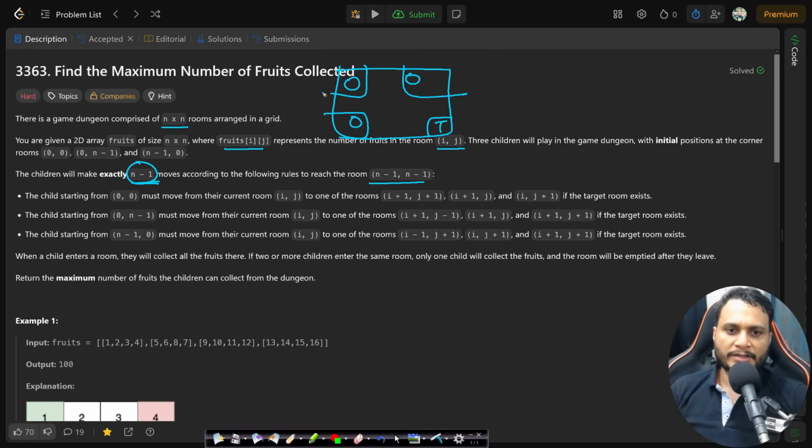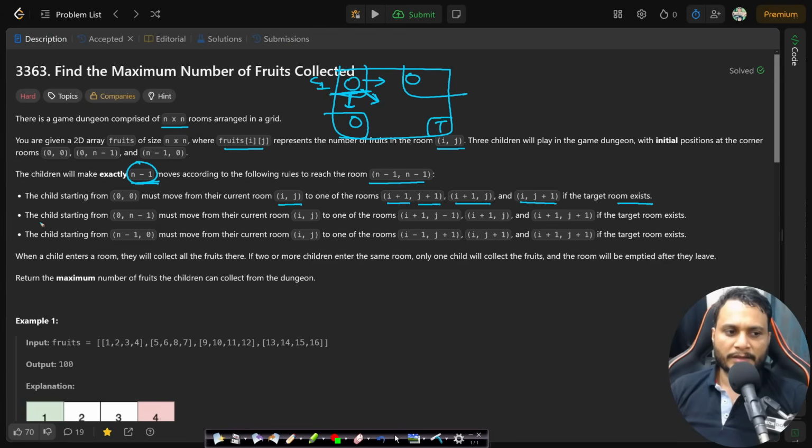The child starting at 0, 0, let's call this child 1, must move from their current room i, j to one of the rooms at i plus 1, j plus 1, which means diagonally below, or i plus 1, j, that means to the down cell, or i, j plus 1, that means to the right hand side, if the target room exists. That means we cannot go out of bounds.